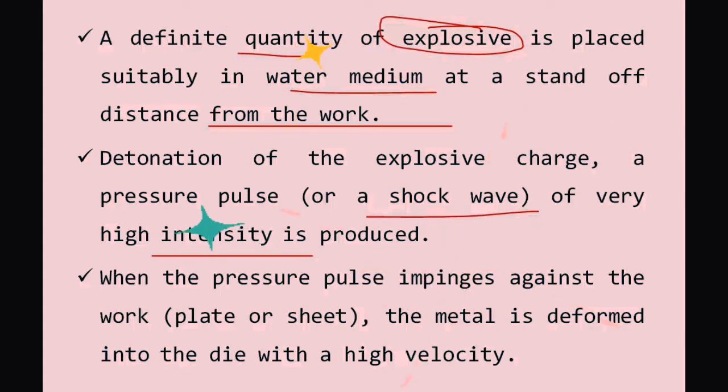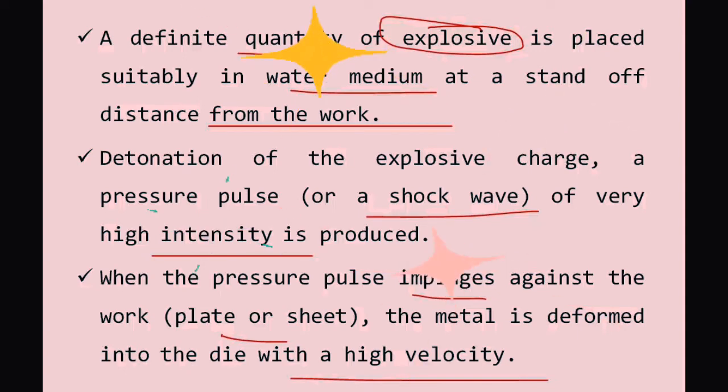Due to that intensity, the shock wave is produced. When the pressure pulse impinges against the workpiece, like a plate or sheet, the metal is deformed into the die cavity with high velocity. So the object is produced based on the die.